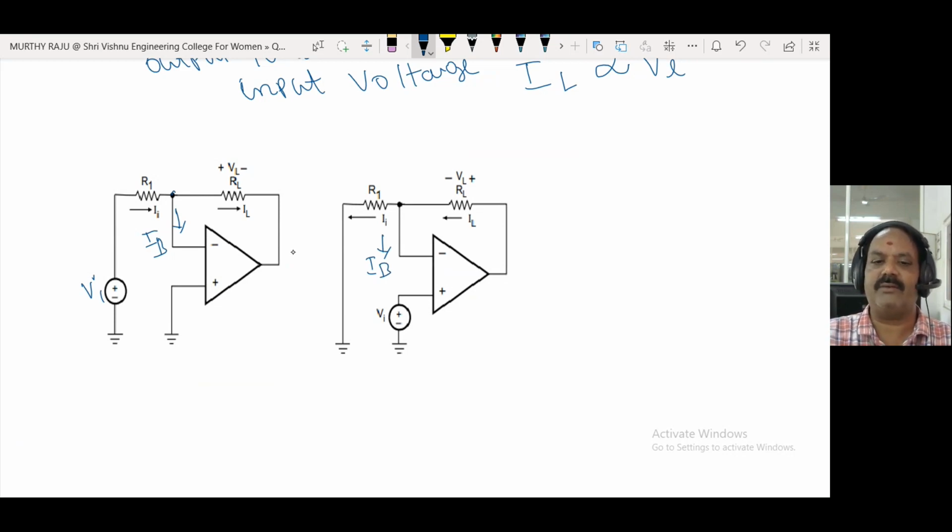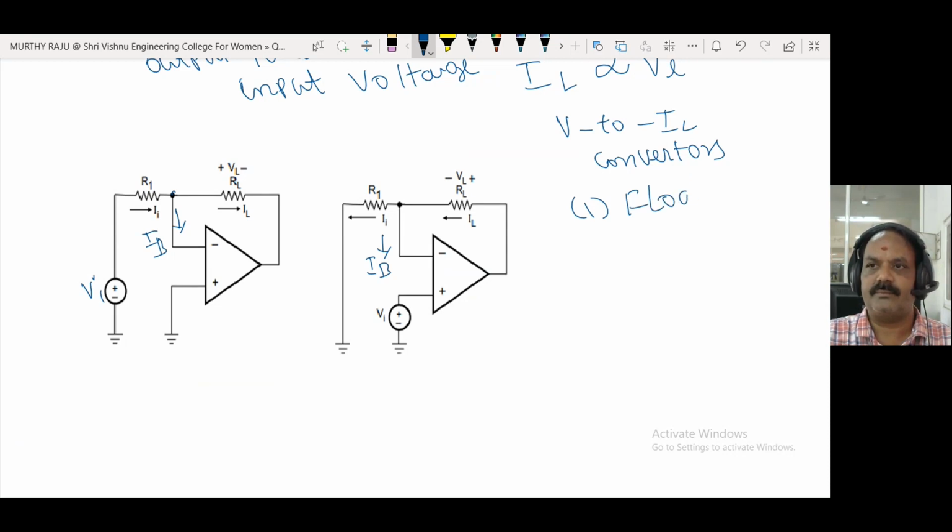According to the connection of load, there are two types of voltage to current converters. First one is floating type V to IL converter.